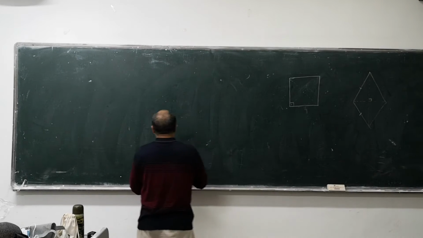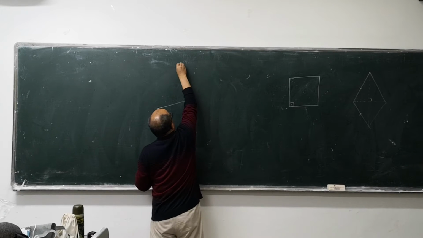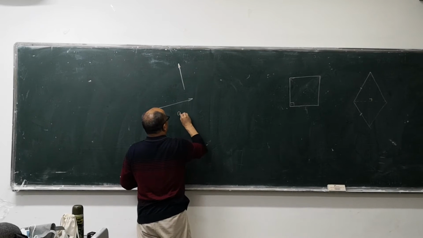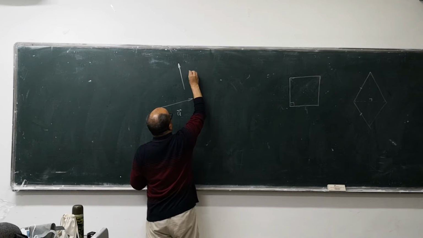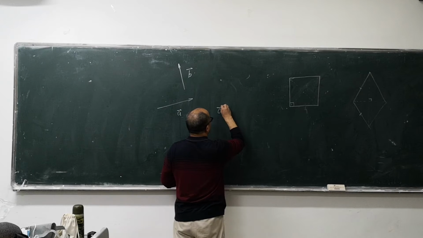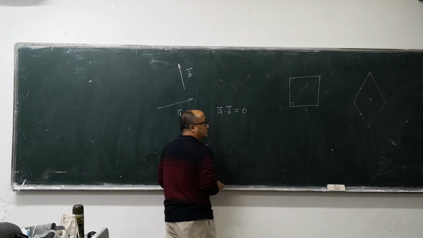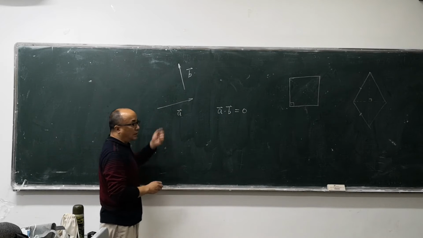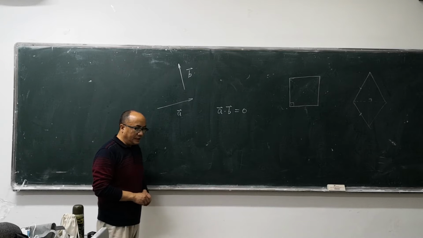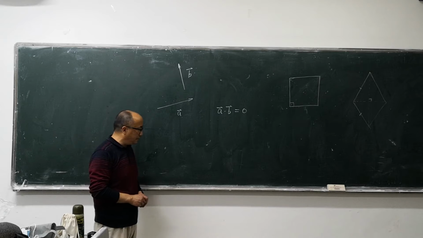The two vectors, vector A and vector B, A dot B equals 0 if they are vertical. Very important. This is very important.